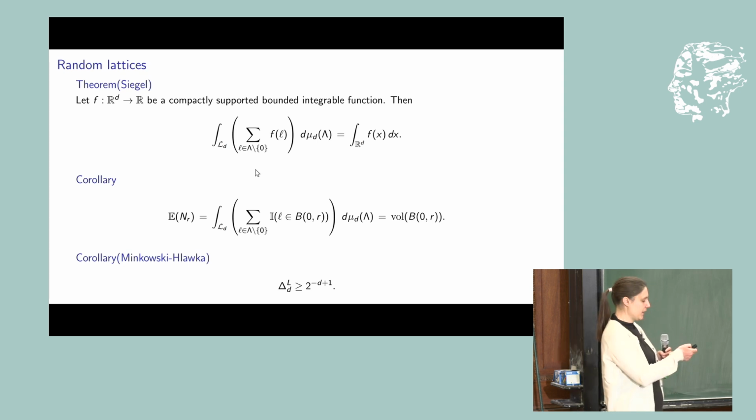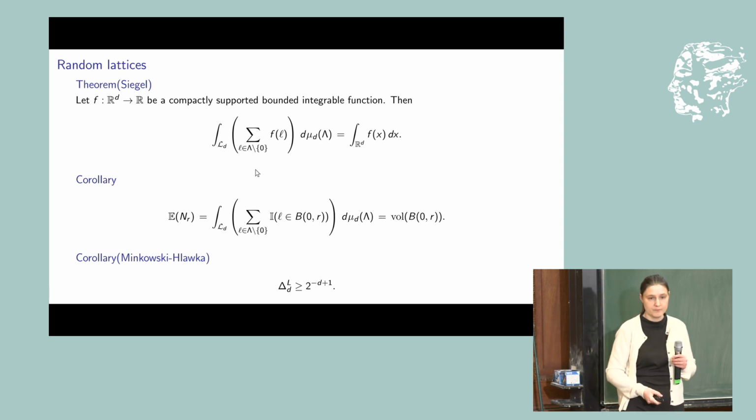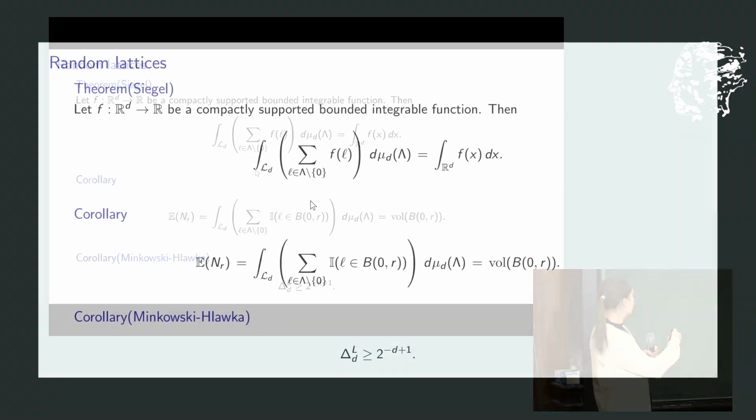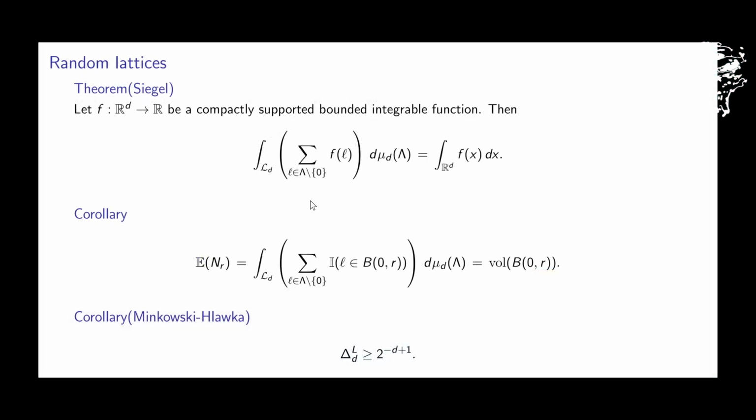And so now we can apply this theorem to the indicator function of a ball, and this way we will get the expected value of the number of points in the ball. And as we do this, it's already an easy way to prove the Minkowski-Hlawka theorem. So it's maybe 2 lines. Okay, so we choose a ball small enough such that its volume is, for example, smaller than 2.